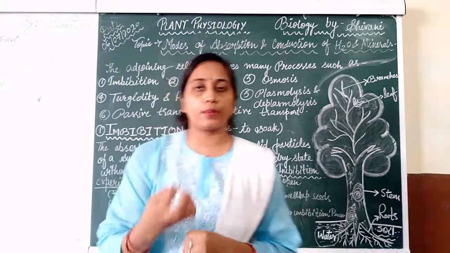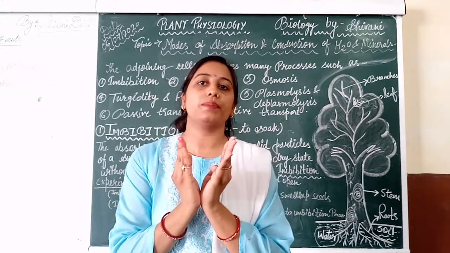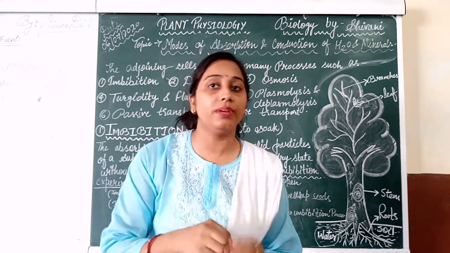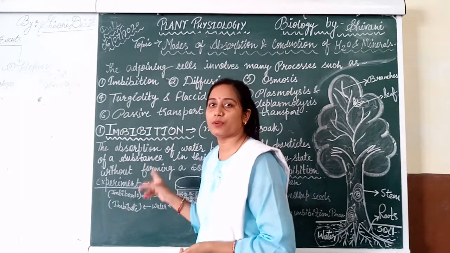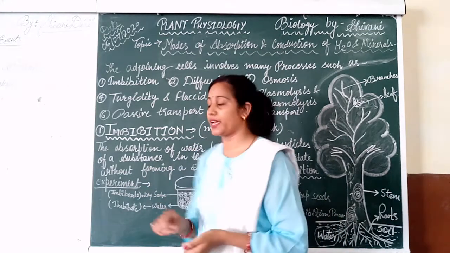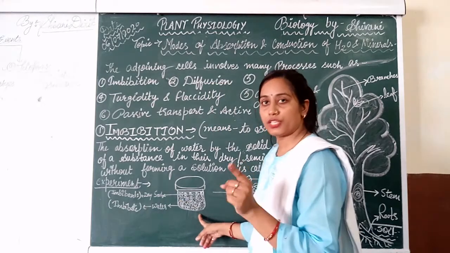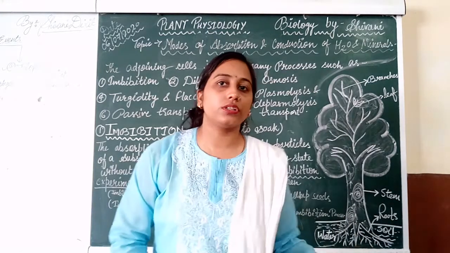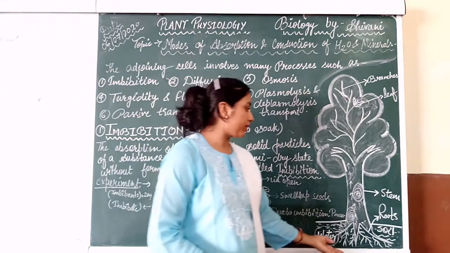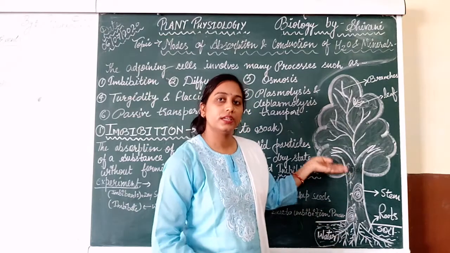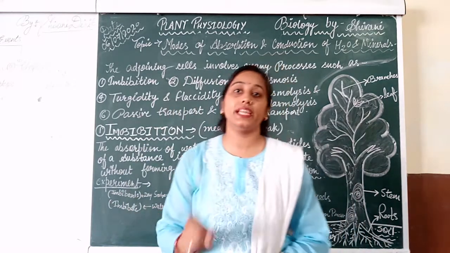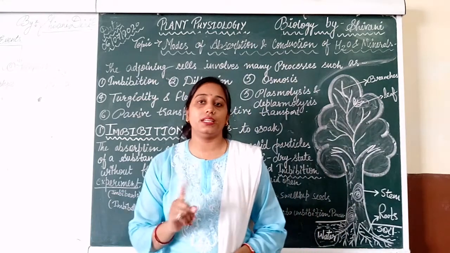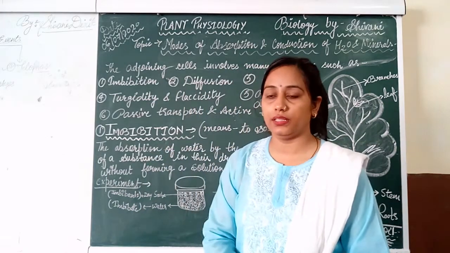The radicle and plumule, the softest parts present inside the seed, will not germinate. So we can say that the major significance of imbibition in the plant is for germination. First, for the absorption of water and minerals by the plants, the imbibition process is a must, and second, it is for seed germination. It is very important in the plants.